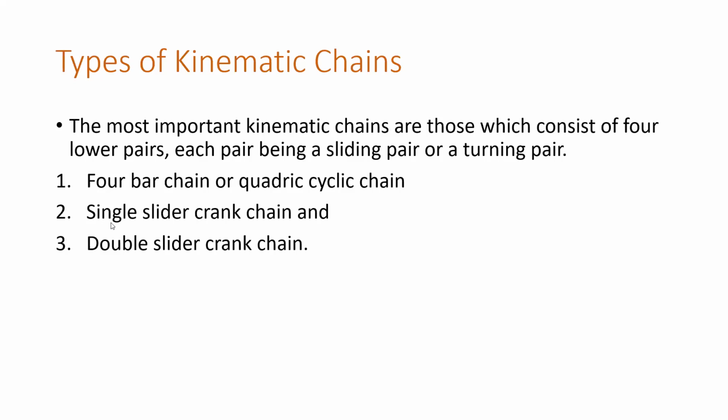Then there is the next, the single slider crank chain. In this, there is one slider also. Not all the 4 links are rods or bars. There are 3 bars, 3 rods you can say, and you can give any shape to these rods.